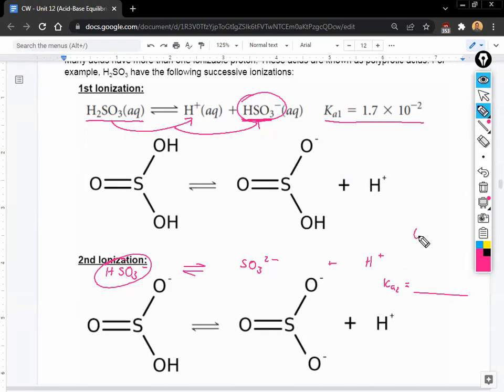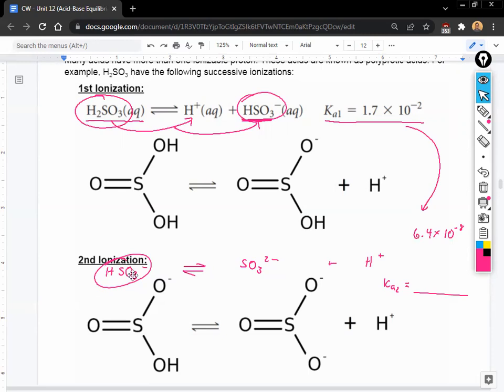Ka2 is going to be 6.4 times 10 to the negative 8. What that shows us is that as we have multiple successive ionizations, the Ka is going to get smaller, which means that as you give up more hydrogens, it's going to want to give up hydrogens less. So this one wants to give up hydrogen a lot more than the one down here. This is a stronger acid than its conjugate base.